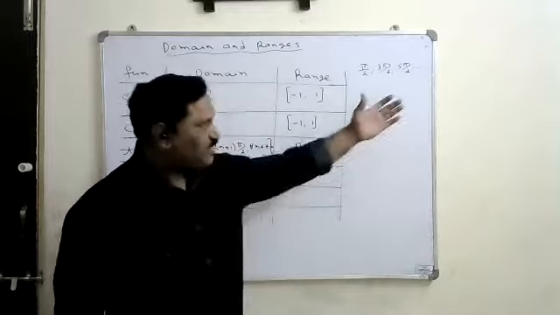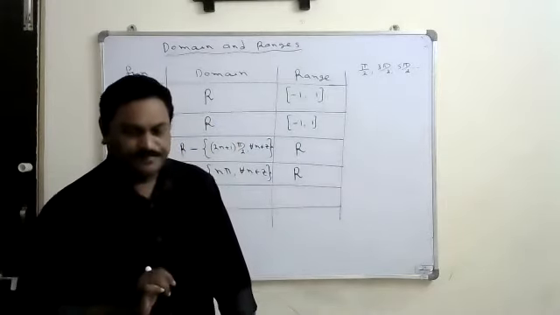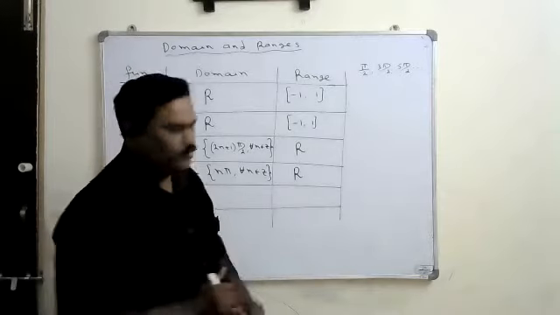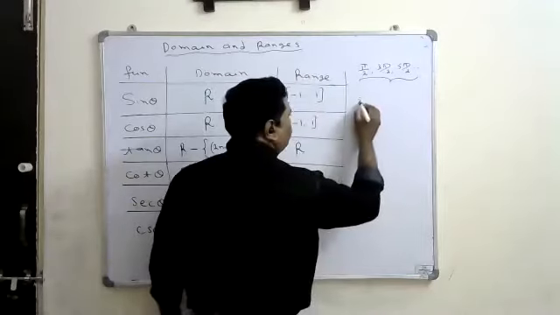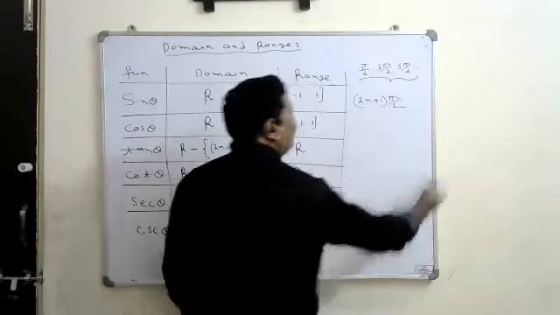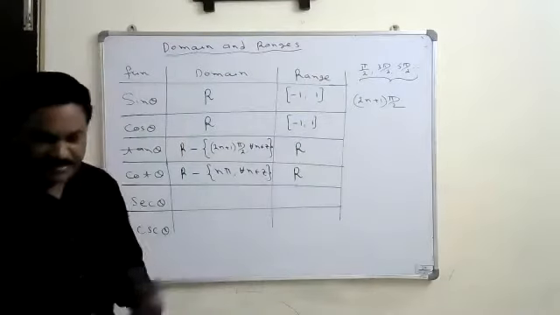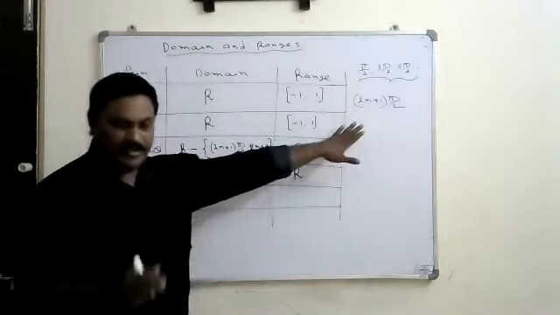Those angles represent all odd multiples of 90, all odd multiples of pi by 2. We can represent all these values together as (2n plus 1) pi by 2. So these values we should not take.